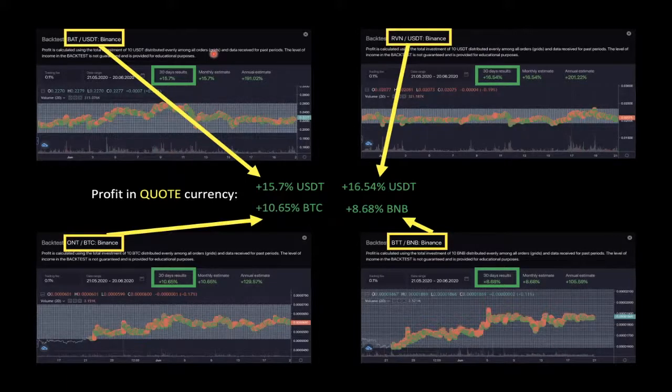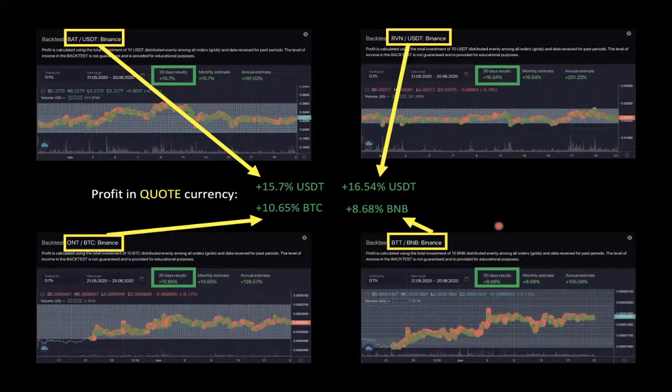And the profit is generated in the quote currency. All right, so if you are interested, let's say, in basic attention token trading to USDT, but you wonder on what metrics to base your expectations, using the backtest you see that during the period of 30 days, it has managed to make 15% in the quote currency, whereas Raven has managed to make 16%, Ontology trading to BTC 10%, BitTorrent trading to BNB almost 9%.